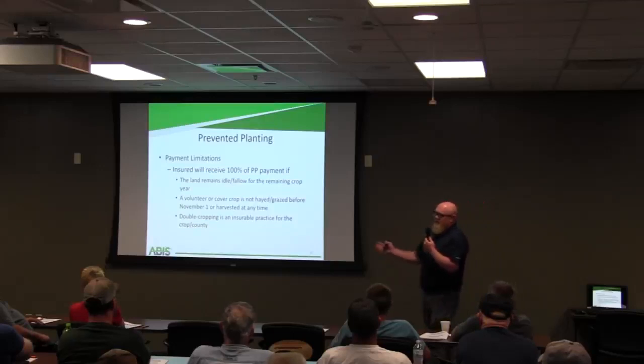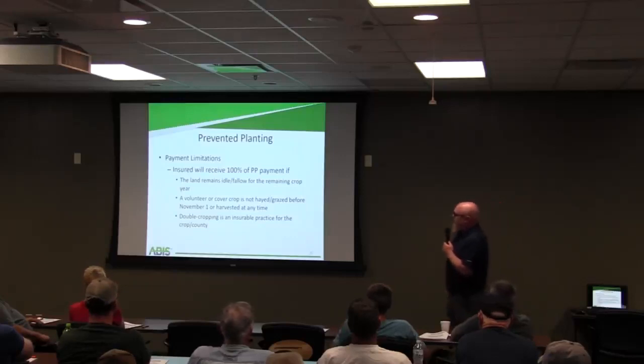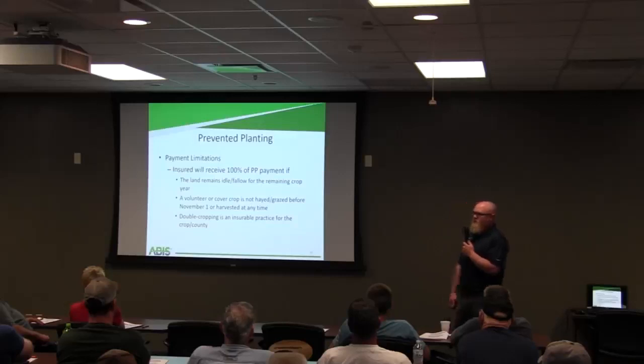But if you were to go out there and mechanically harvest for grain, they're going to reduce your payment on that. Double cropping is an insurable practice for the crop county. You would get the 100%, but again, double cropping isn't generally an insurable practice in Iowa.